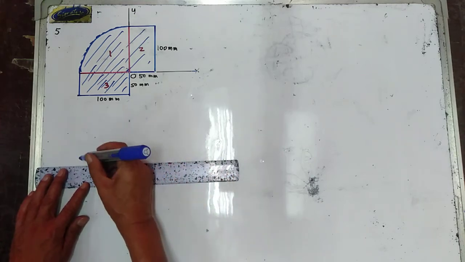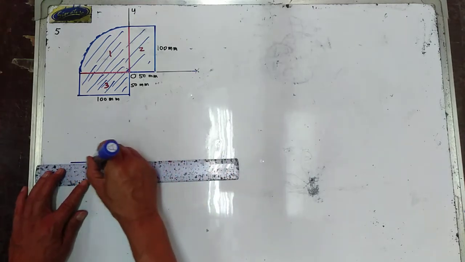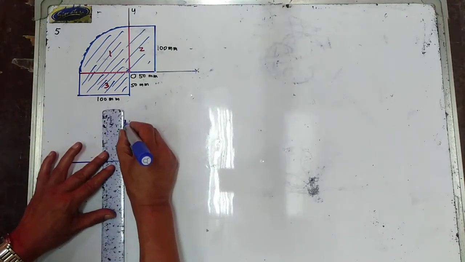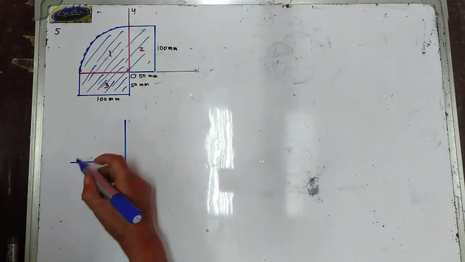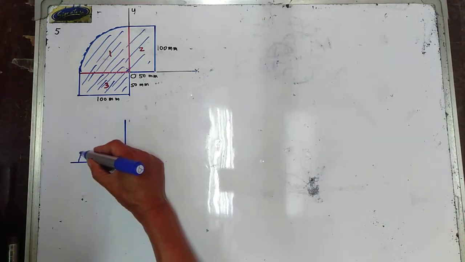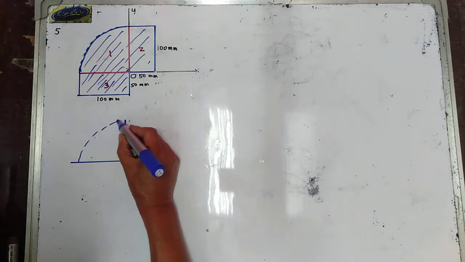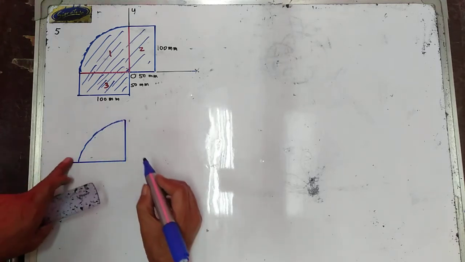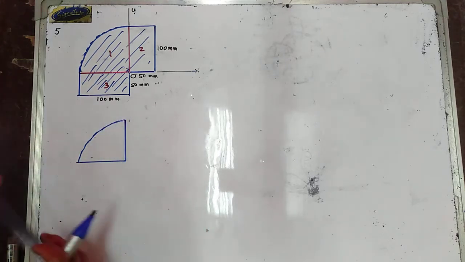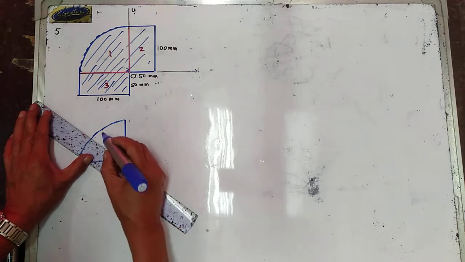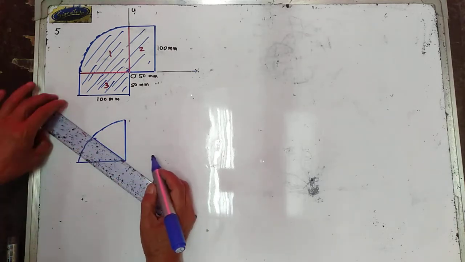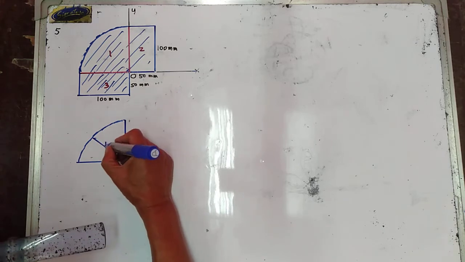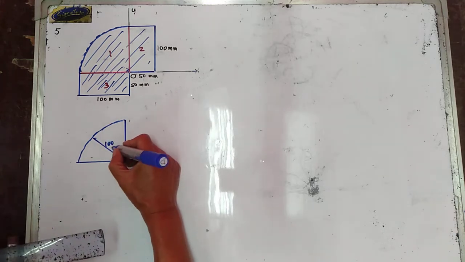So this one is now the first area. Okay, so the radius is equal to 100 millimeter. So this is your O, and the radius is 100 mm.